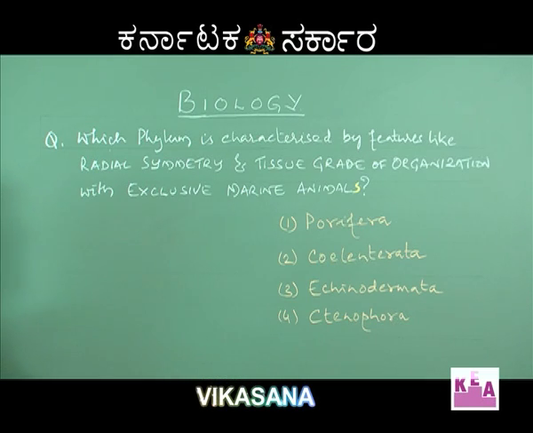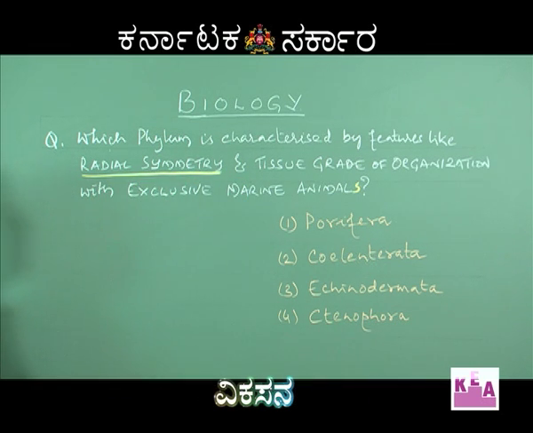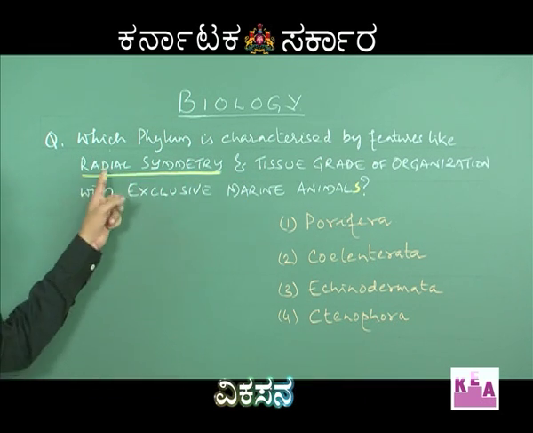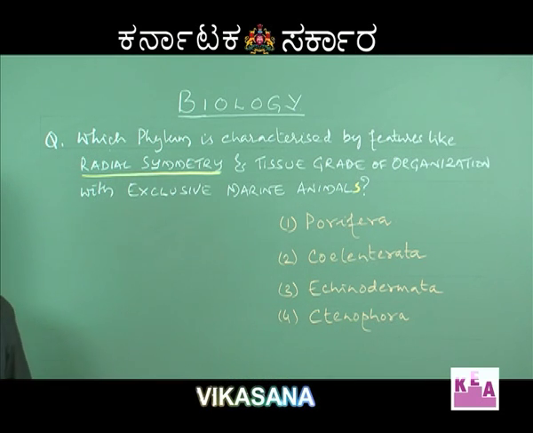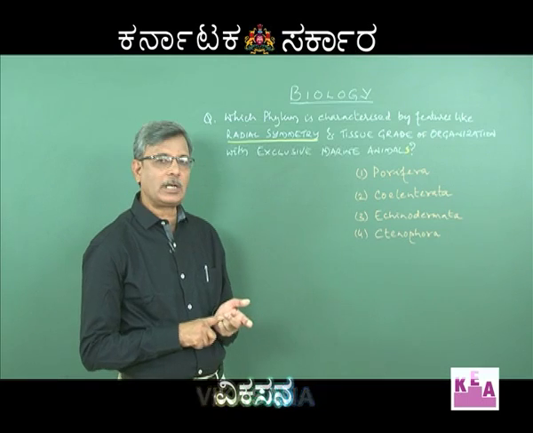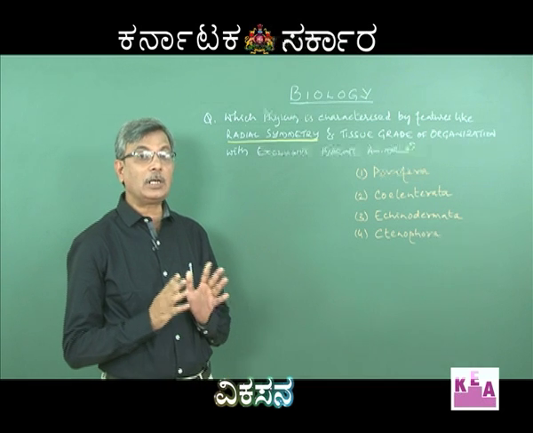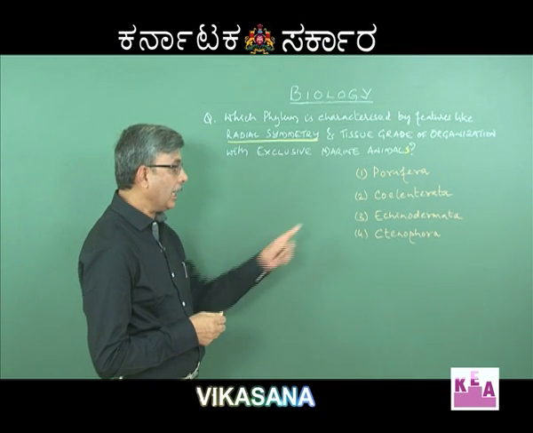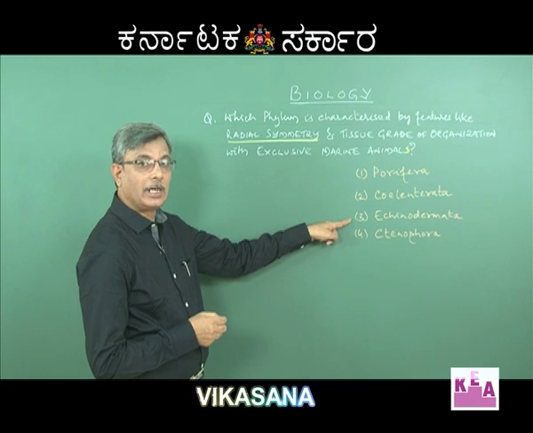Which phylum is characterized by features like radial symmetry? The moment we come to radial symmetry, we know that radial symmetry is exhibited by all the 4 phylum members: Porifera, Coelenterata, Echinodermata and Ctenophora. But the difference is, in Echinodermata, we are going to find organ grade of organization.